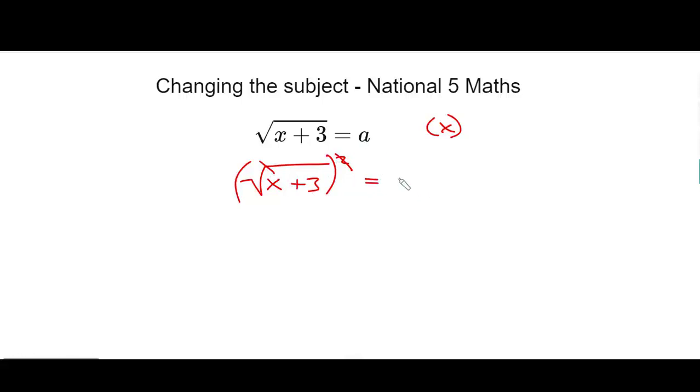But we've also got to square this side. So then that leaves us with x plus 3 is equal to a squared. So we want x, so we just minus 3. That cancels. We minus 3 this side. So that gives us x is equal to a squared minus 3.